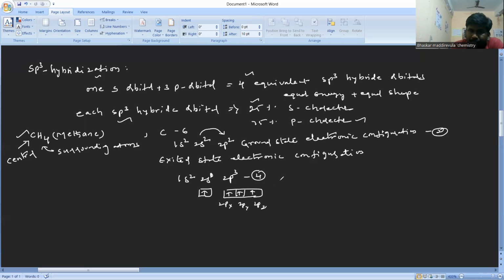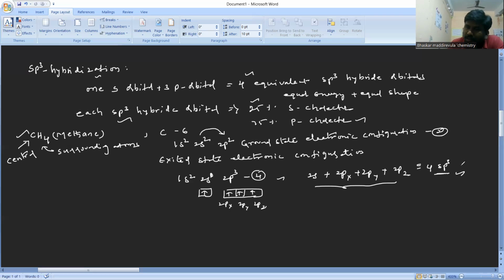Now the central atom's orbitals undergo hybridization. The 2s orbital plus 2px, 2py and 2pz orbitals involved in the hybridization will give four equivalent sp3 hybrid orbitals.